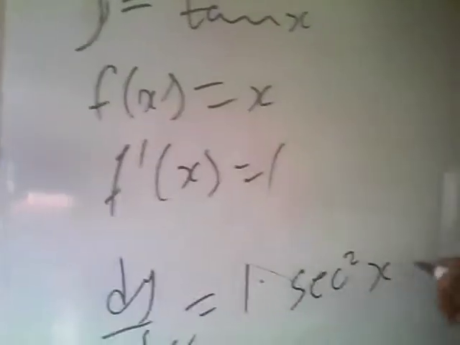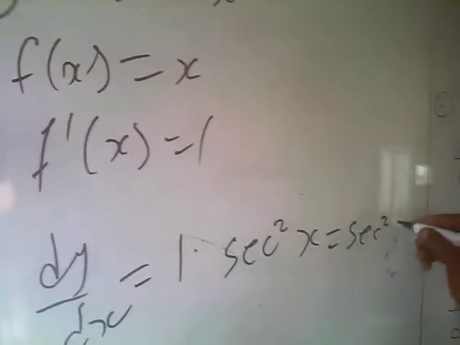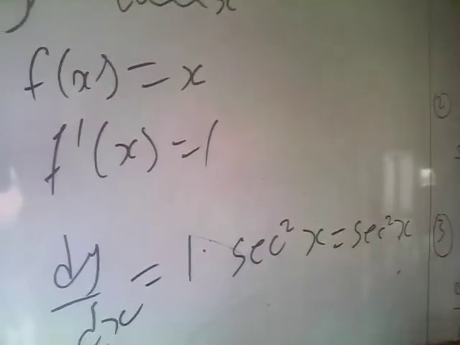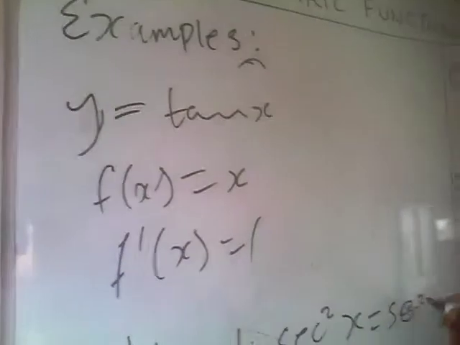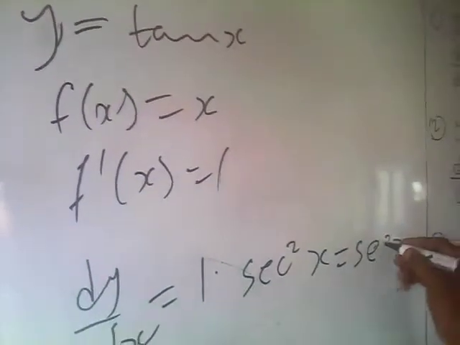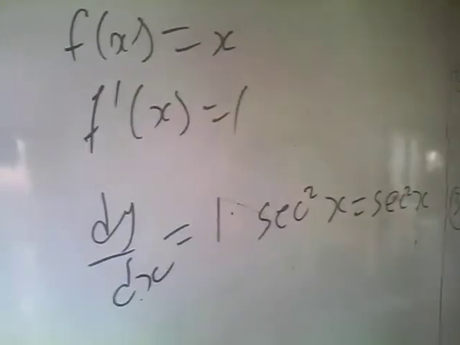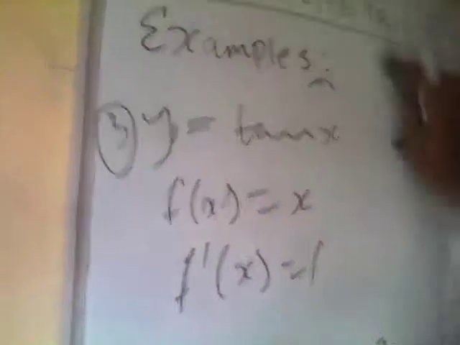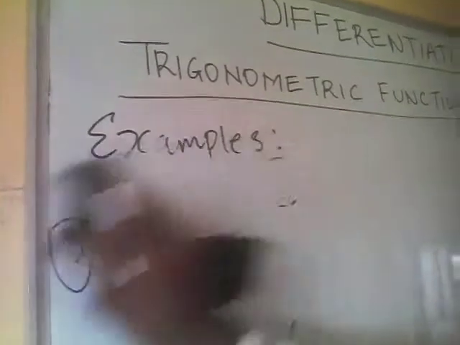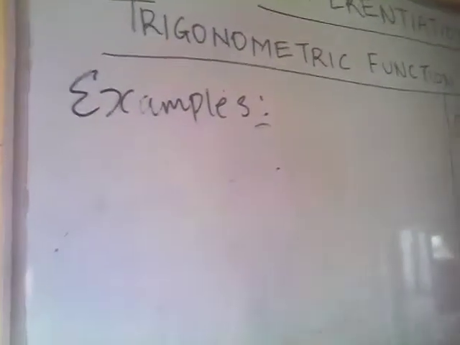So dy/dx of tan x is equal to sec squared x. Alright, that's example 3. Having done that, we can go ahead to solve more problems as time permits us.